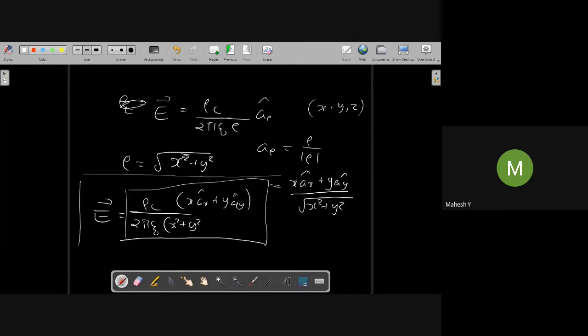So you can always use this one if you have a difficulty in finding the perpendicular distance. Use this equation. So can you substitute the values E1 and E2?